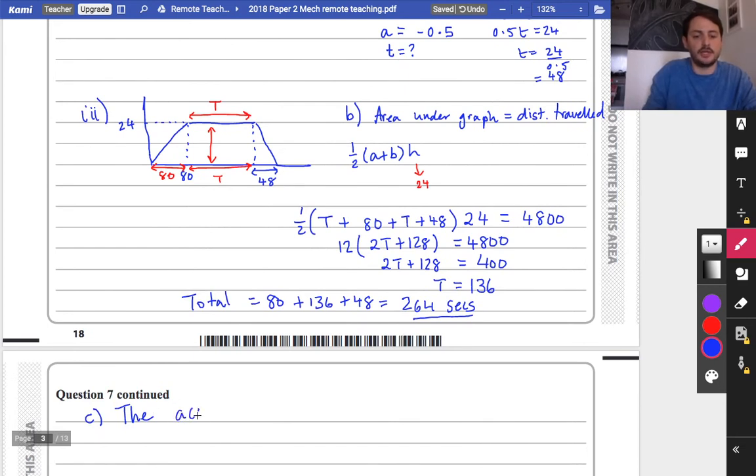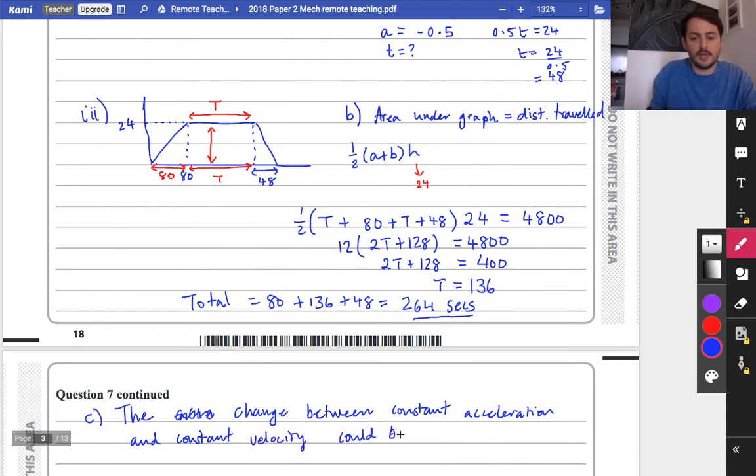The acceleration, let's say, the change between constant acceleration and constant velocity could be smoother, or we could say something like acceleration could be varied or be variable for the start of the journey.